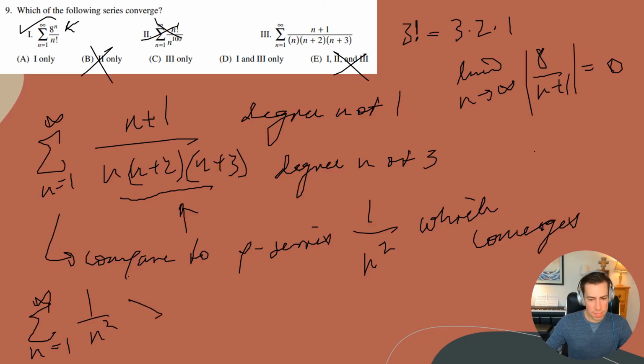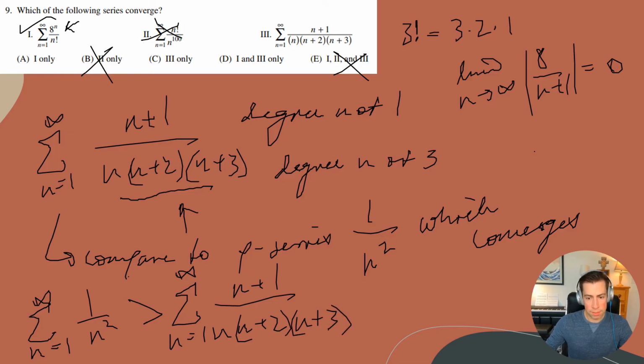Now this comparison is always going to be greater than my initial one. You might be wondering why, and the reason is that I have more terms of n on the bottom, and if I have a bigger denominator, I have a smaller number. So large bottom equals small number.